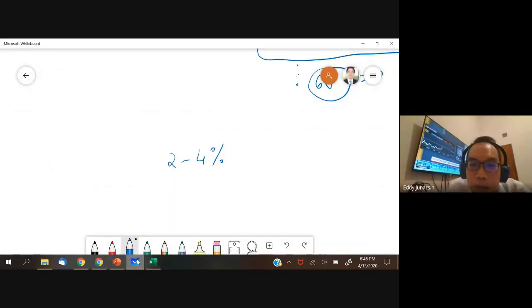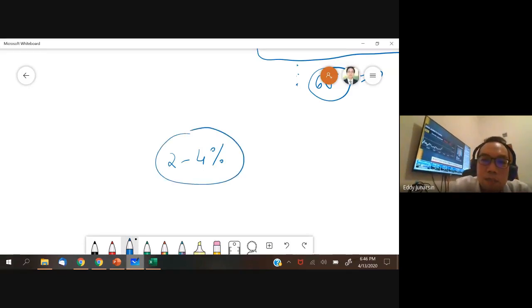Okay, 2 to 4%. You see that this answer is very narrow, right? 2 to 4%. It's narrow but very interesting. So it looks sophisticated. It looks logical, right? From 2 to 4. However, because the confidence interval is so narrow, it might get wrong easily.